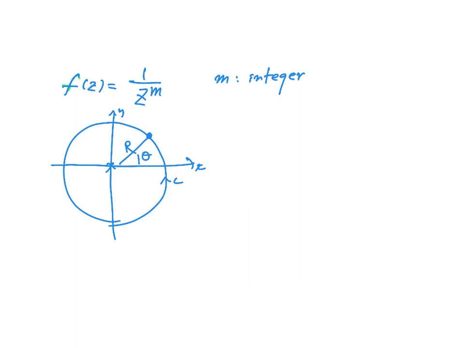So this point on C is z, let's say r exponential i theta. dz is r exponential i theta, i d theta.